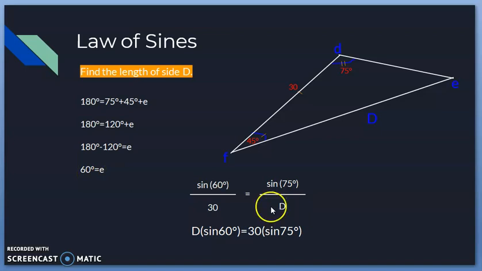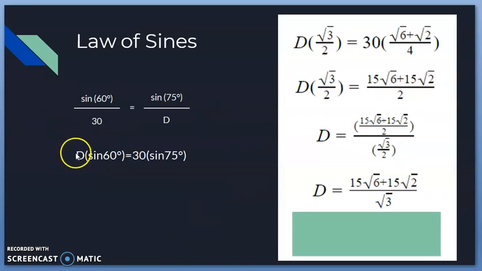We'll plug this into the equation. So now we have sine of 60 degrees over 30 and sine of 75 degrees over D. If we cross multiply, we'll have D sine 60 degrees equals 30 sine 75 degrees.